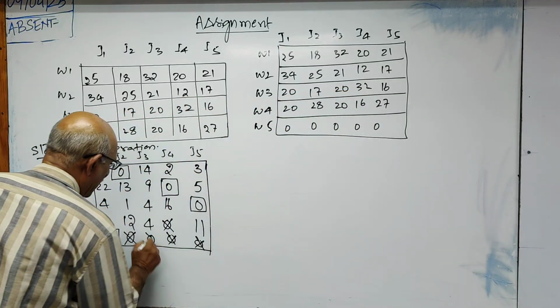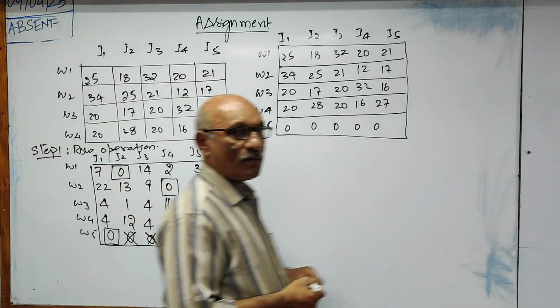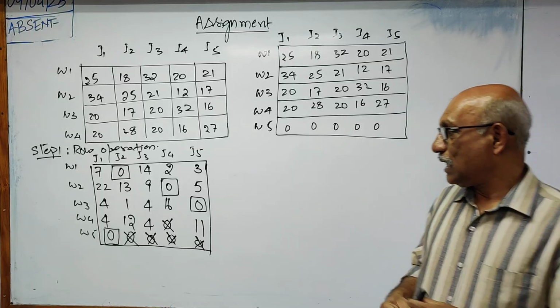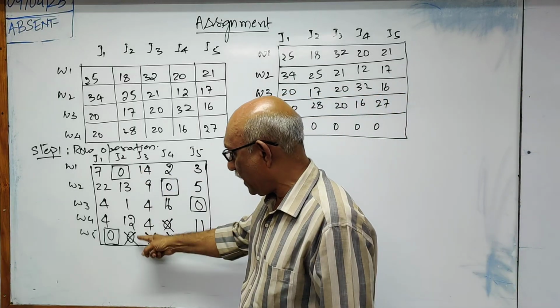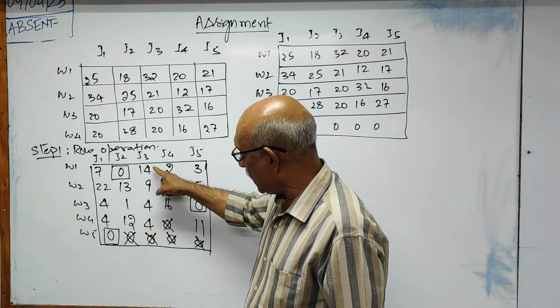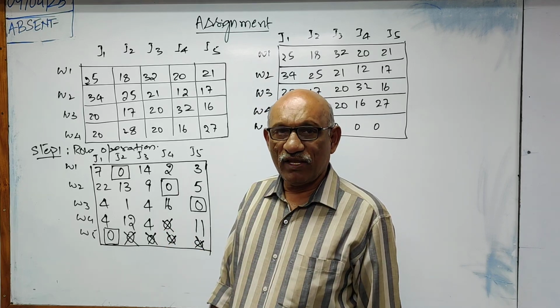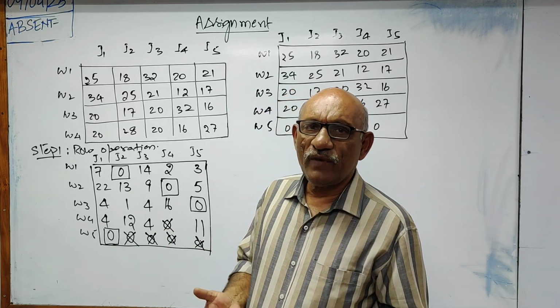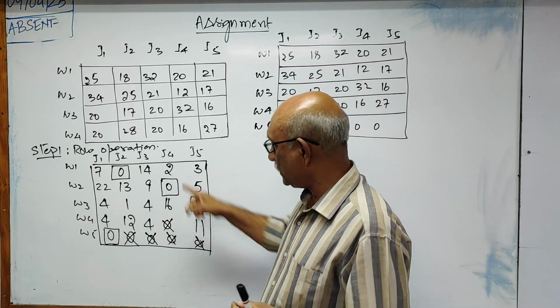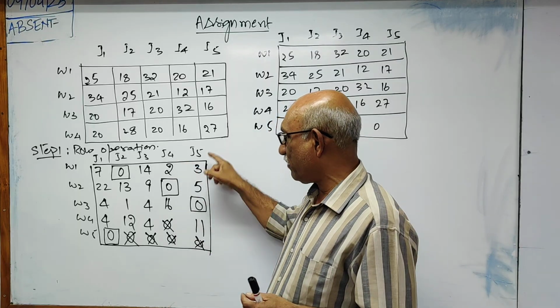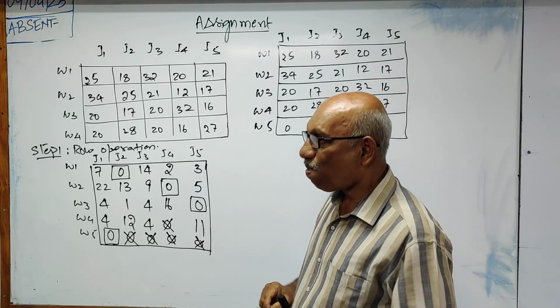That option I am eliminating. Now for the second column, assignment is already over. For the third column we cannot give assignment. The reason is very simple, there is no zero at all. Fourth column assignment over, fifth column assignment over.